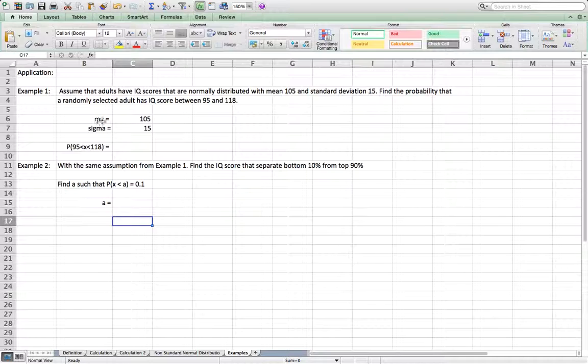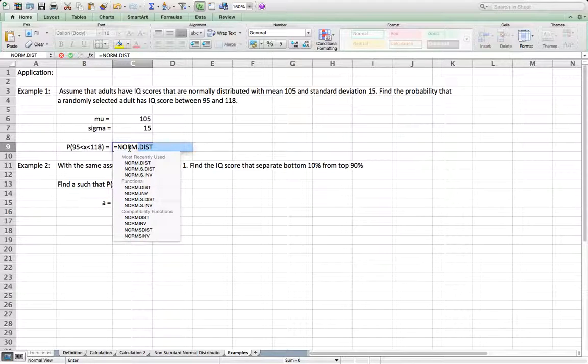So we know mu and we know sigma. We need to calculate the area between two given values.